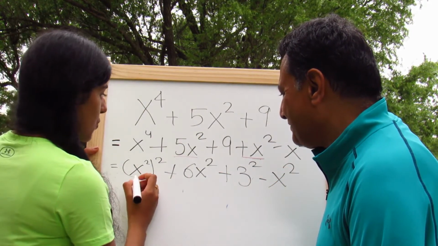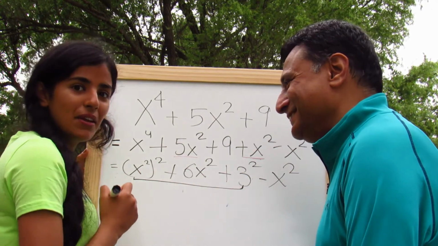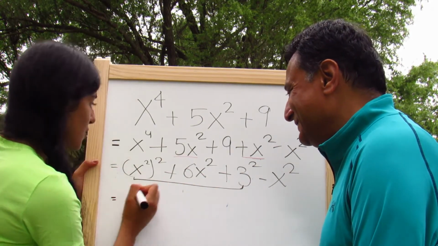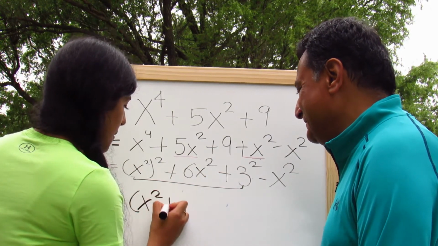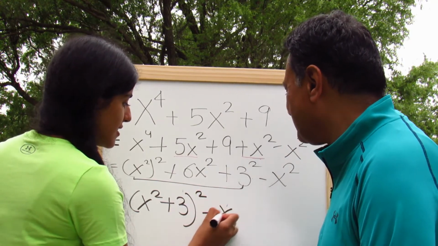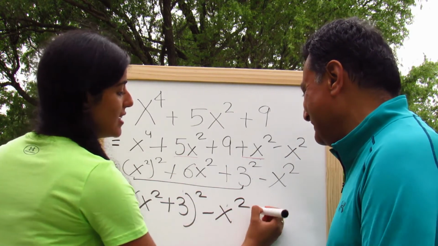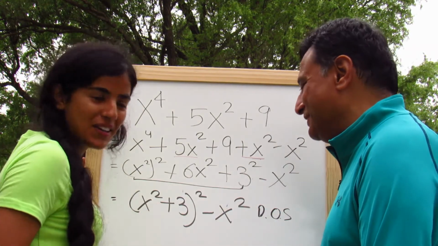Now what do we notice? We have to notice these 3 terms. So another way to write this would be x squared plus 3 whole squared minus x squared. Now we're going to use the short form DOS, difference of squares.